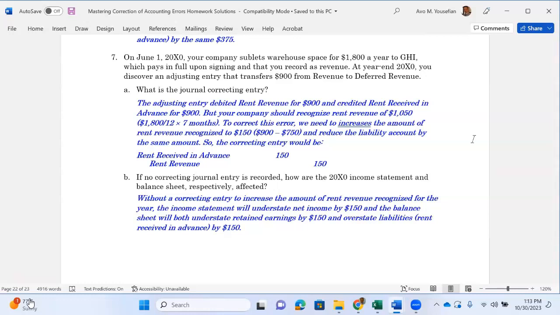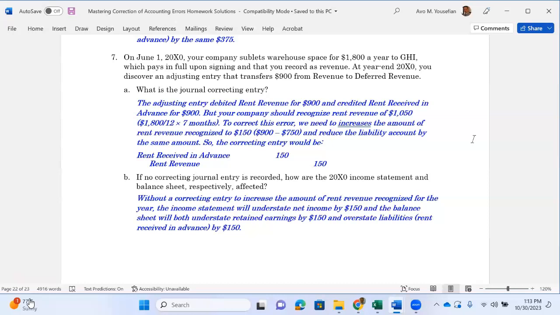On June 1st of 2020, your company sublets warehouse space for $1,800 to GHI, which pays in full upon signing, and then you record it as revenue. So again, I'm going to go to my paper, draw a T account for cash. We sublet warehouse for $1,800 we received in cash.